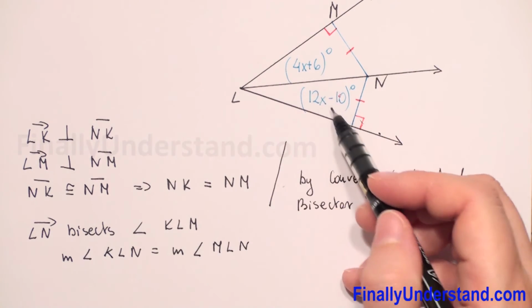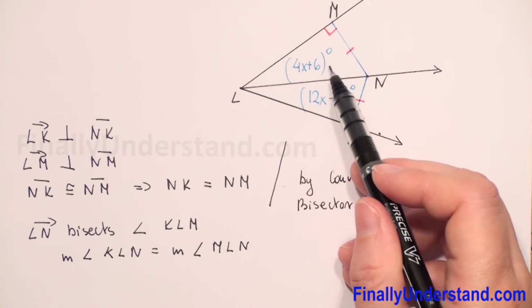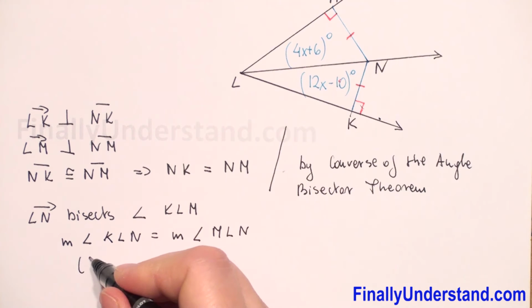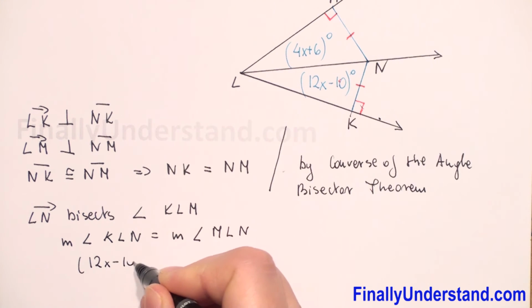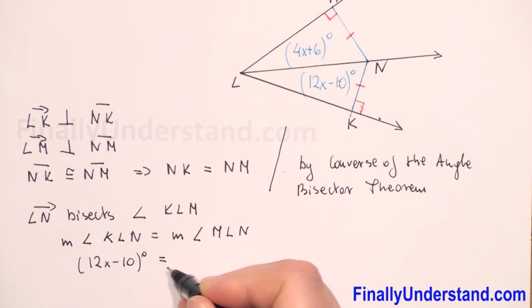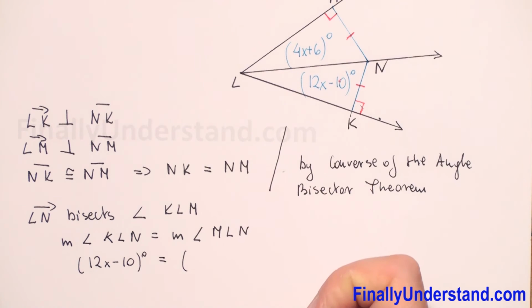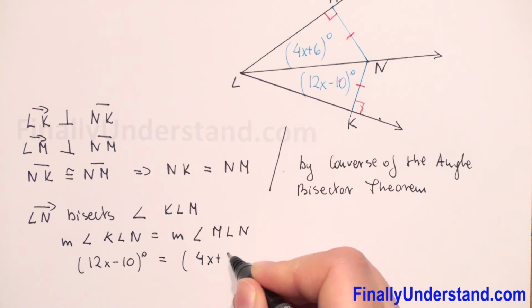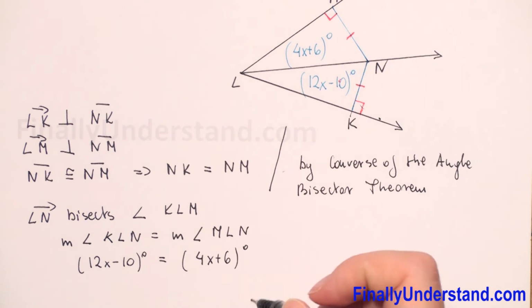These two angles are given by these expressions. So we can substitute the left side by 12x minus 10 degrees, which is equal to 4x plus 6 degrees. Let's forget about degrees.